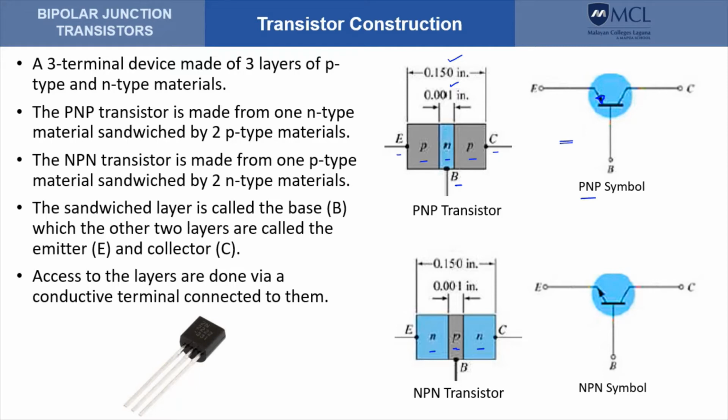The emitter and collector are distinguished in the symbol by the fact that the emitter again contains the arrow that is pointed outwards if we're talking about NPN transistors. We also have an actual picture here of a transistor. There are many more depending on the package of that transistor.